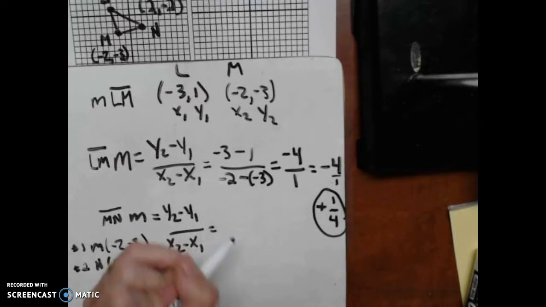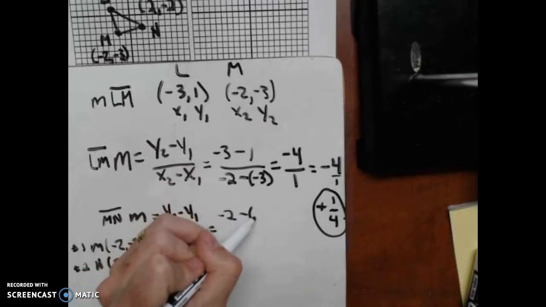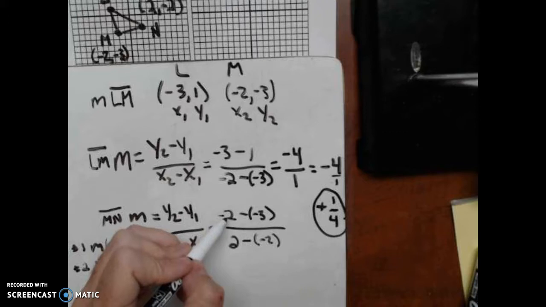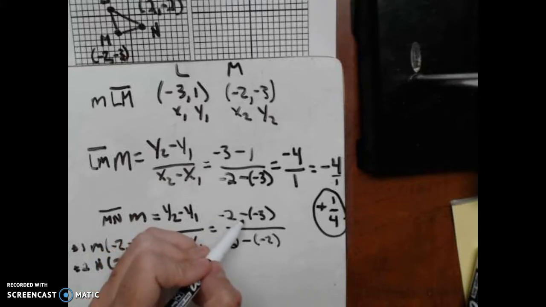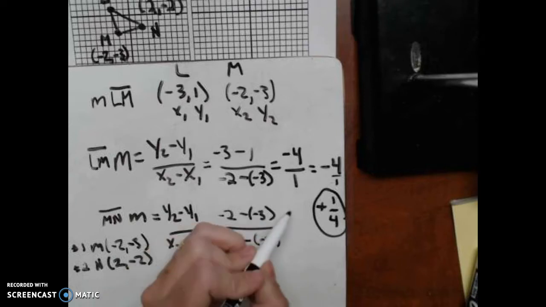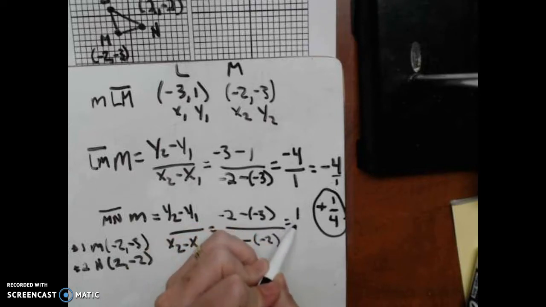Here we go. y2 is -2 minus y1, which is -3, divided by x2, which is 2, minus x1, which is -2. On the top, we get -2 minus -3, -2 plus 3, and that equals 1.